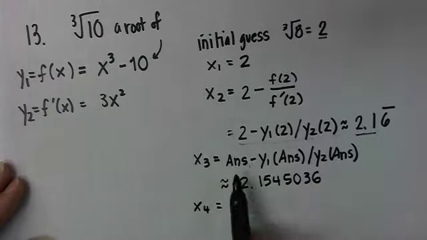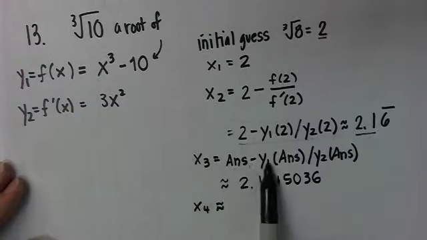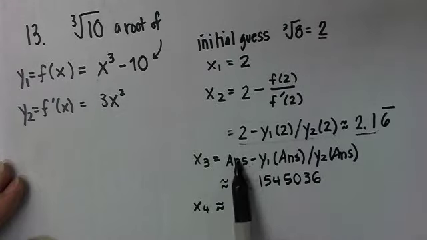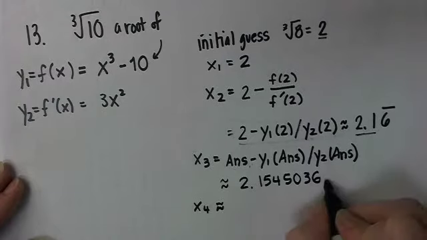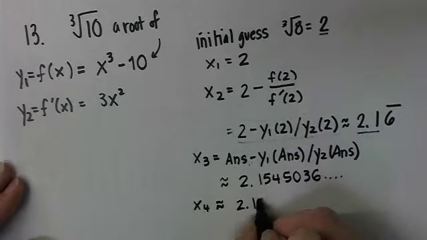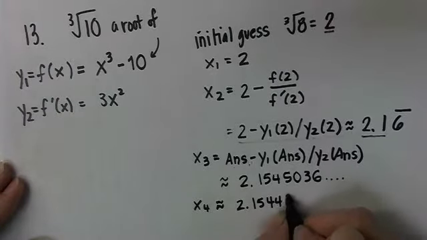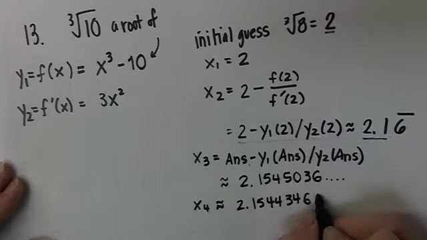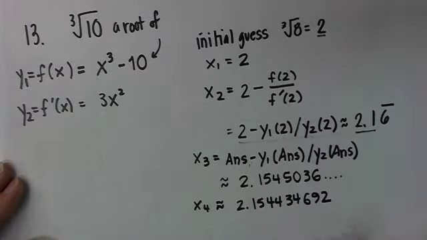For x4, just hit second entry on your graphing calculator and it'll pull up this exact same thing. And now your previous answer is 2.1545036... And you literally just have to enter again. And then you get 2.154434692.